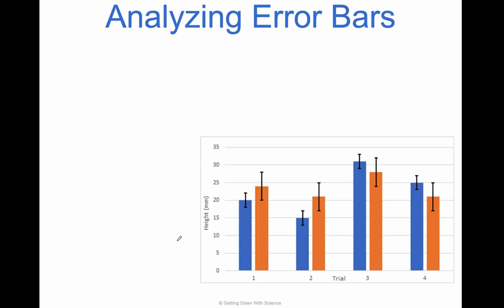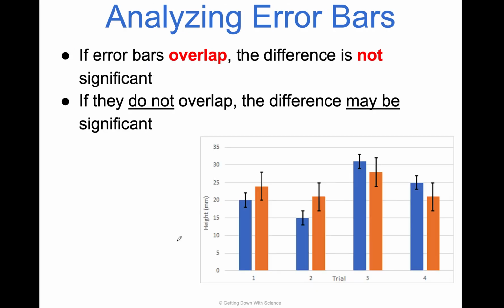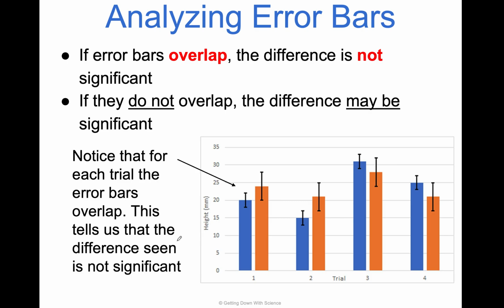All right, so now we've got all of our data. We have our error bars. Taking a look over here, we have 4 trials. We're measuring height in millimeters, right? You have trials 1, 2, and then you have your standard errors. If error bars overlap, the difference is not significant. We talk a lot about significant and non-significant differences, right?